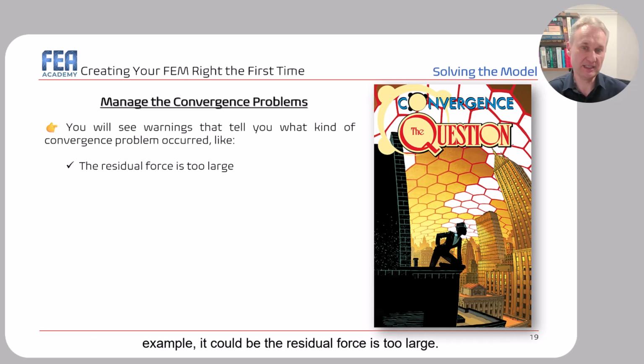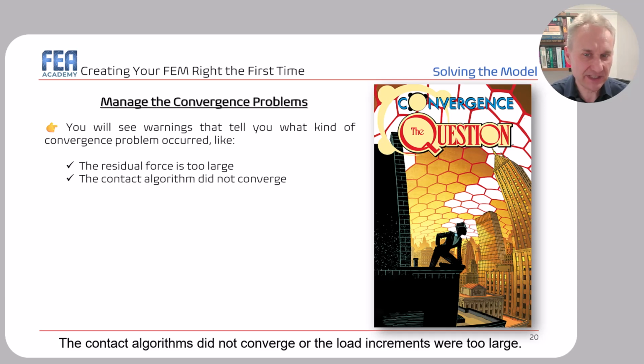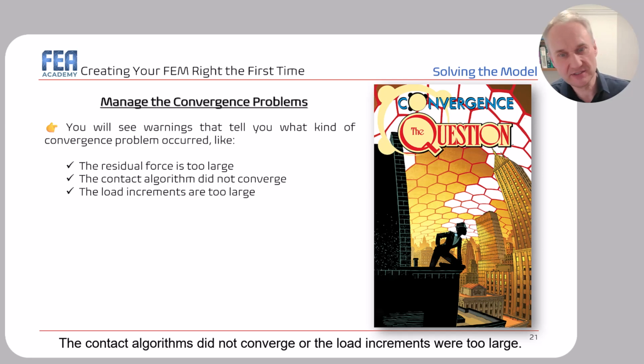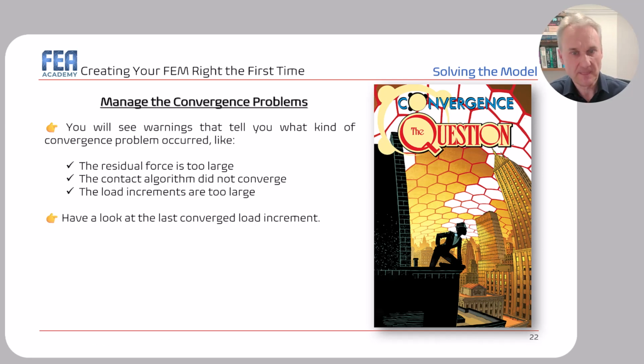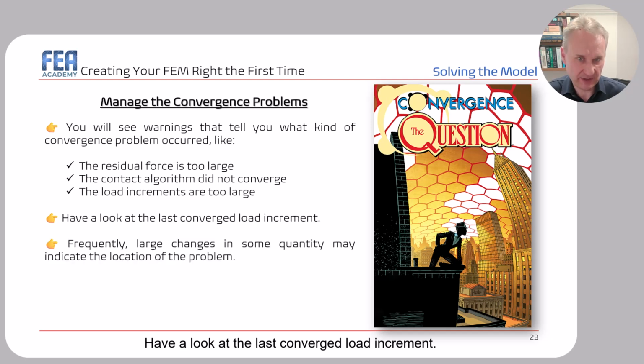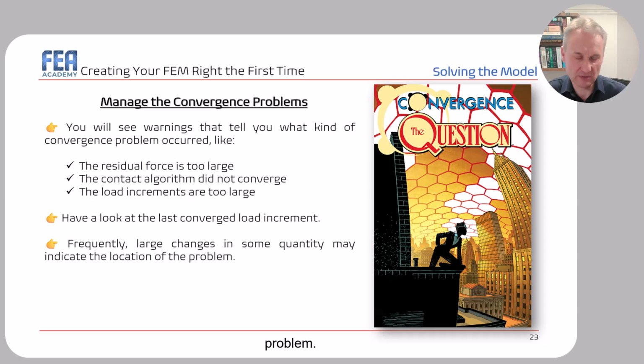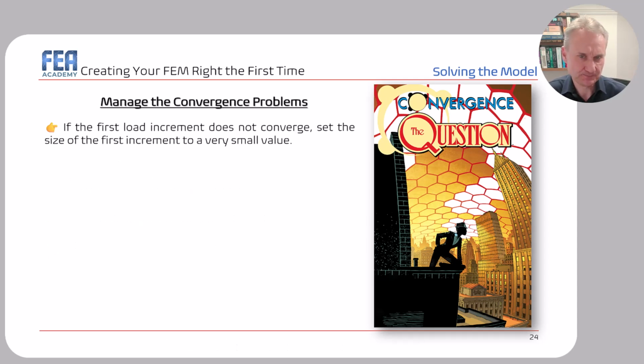For example, it could be the residual force is too large, the contact algorithms did not converge, or the load increments were too large. Have a look at the last converged load increment. Frequently, large changes in some quantity may indicate the location of the problem. Personally, I like to look at the displacements.